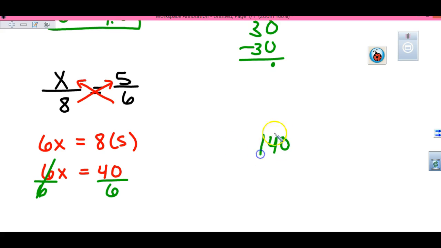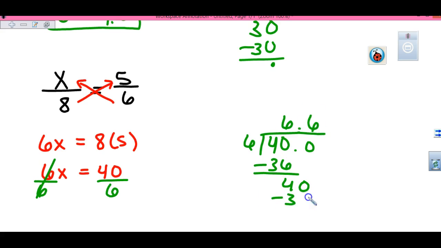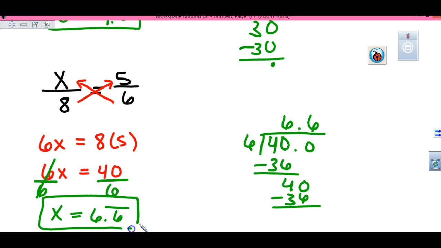So 40 divided by 6 is 6. What do we get? So x is equal to 6.67. Or we can simplify the fraction and say that x is equal to 20 over 3.